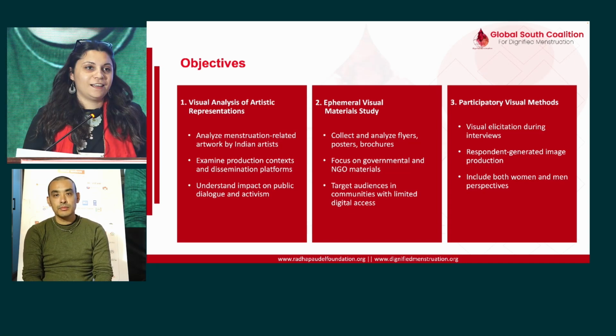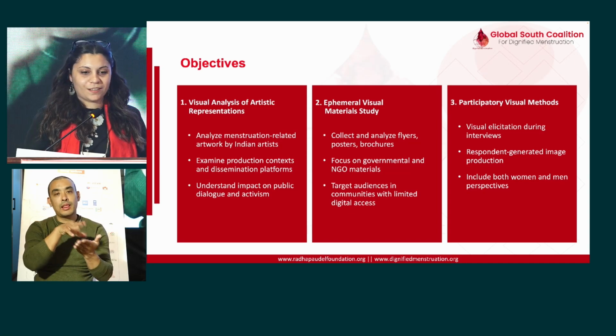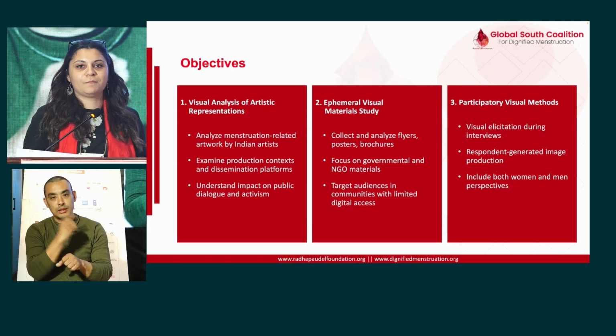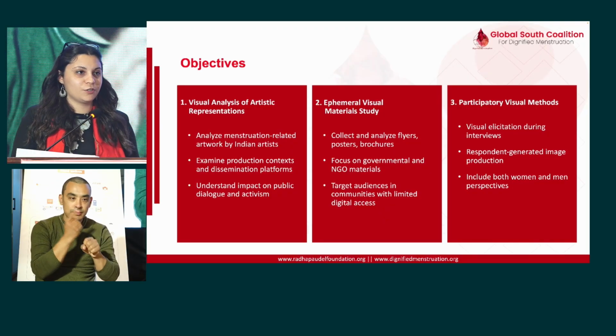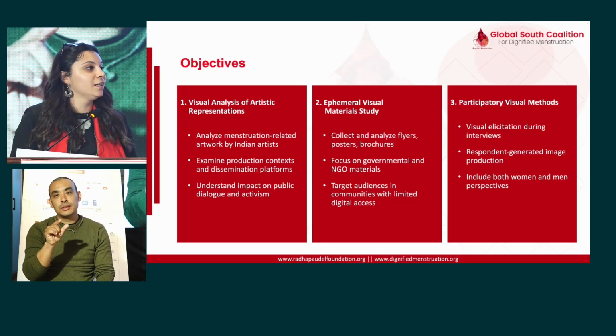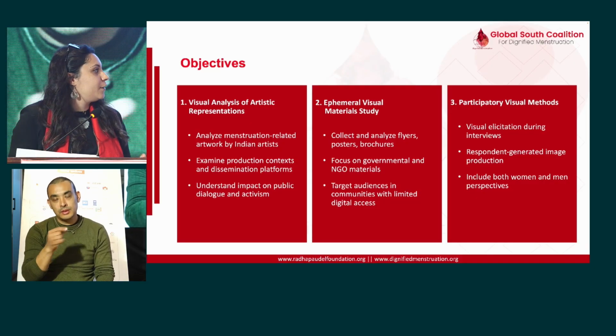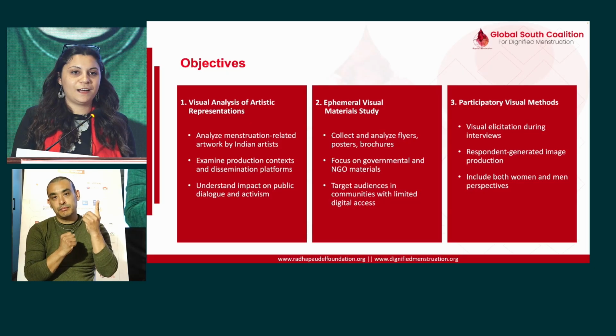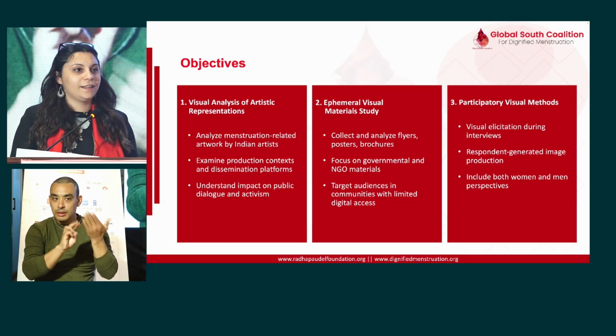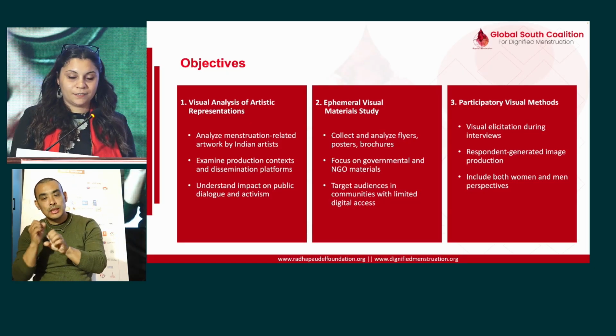As she said during the introduction, I'm trying to collect and analyze visual representations of menstruation in India with a focus on Mumbai. I'm doing this on 3 different levels. For the first one, I'm trying to identify, first of all, because it's not so easy, and then analyze artwork by Indian artists.